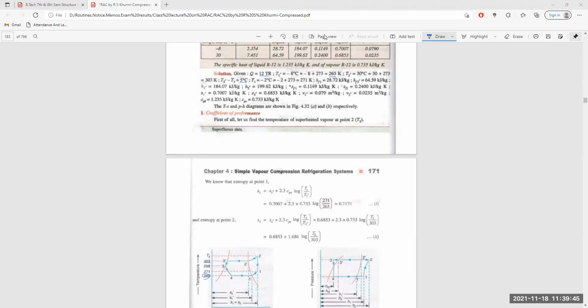The temperature of the superheat is given as -2 degrees centigrade, which means this is 271 Kelvin itself. Now, in the problem, what is given?